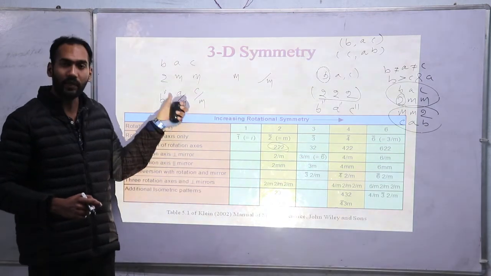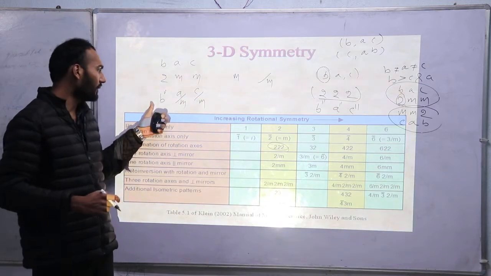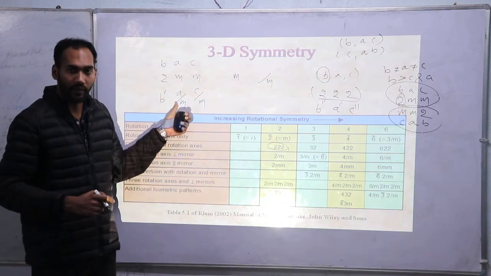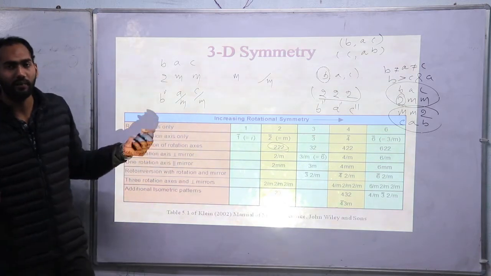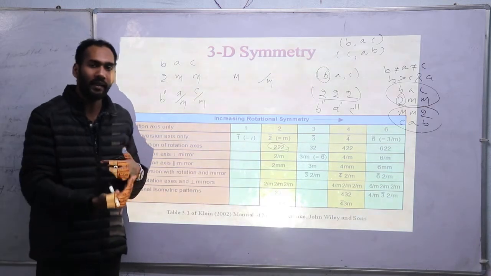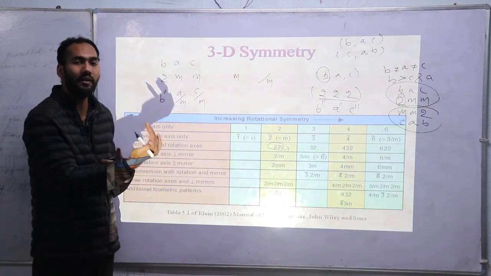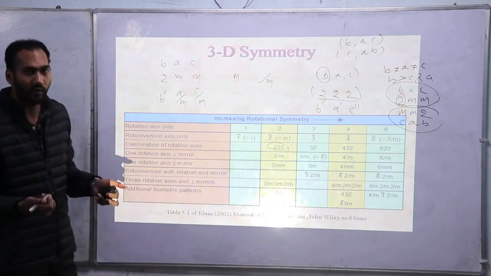As A and C are perpendicular to B and mutually perpendicular to each other, whether you take m parallel or perpendicular, it will be the same, because what is perpendicular to A is parallel to C, and what is perpendicular to C is parallel to A. So there will be no confusion.